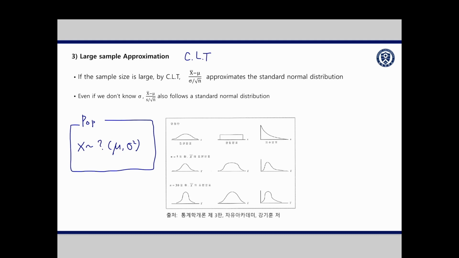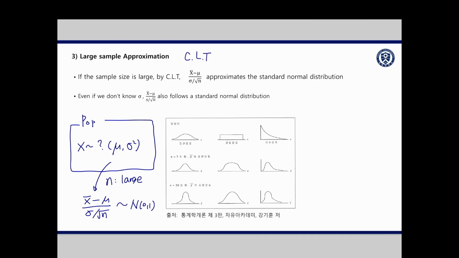In this case, if the sample size is large enough, by CLT, X bar minus mu over sigma divided by the square root of the sample size n approximately follows the standard normal distribution.